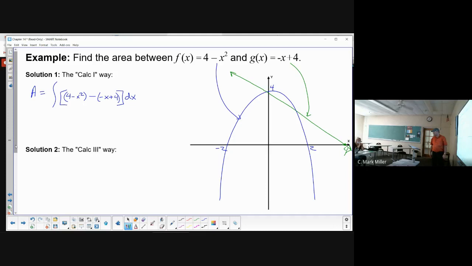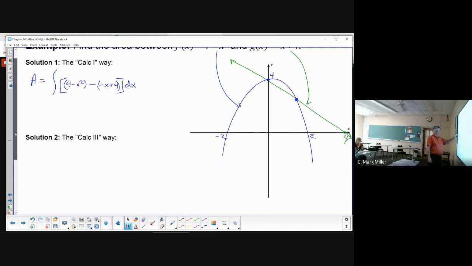We need our bounds of integration. We're integrating with respect to x, so we need the x coordinate here, 0. We need the x coordinate there. What is that x coordinate? Well, I'm going to delete some of that.